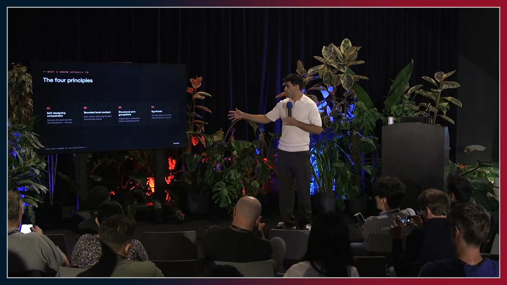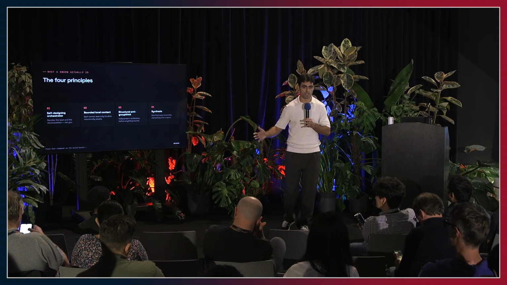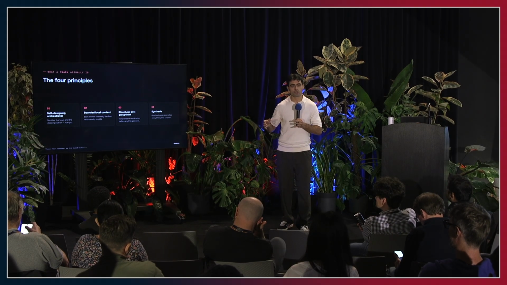And that fed into itself to create this massive spiral of context. The bounded local context means that the orchestrator never sees what the workers that it starts actually do. It only ever returns back structured findings.